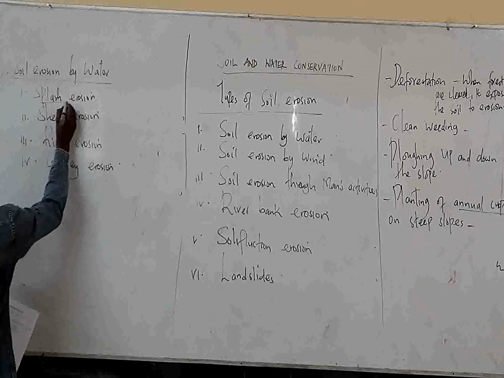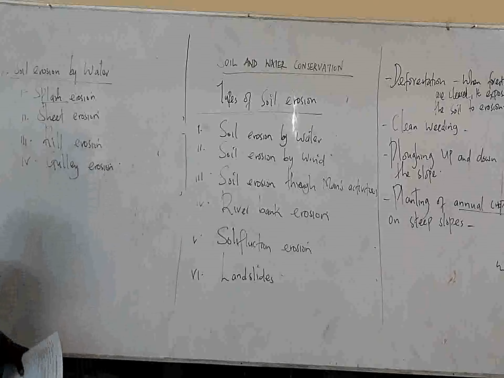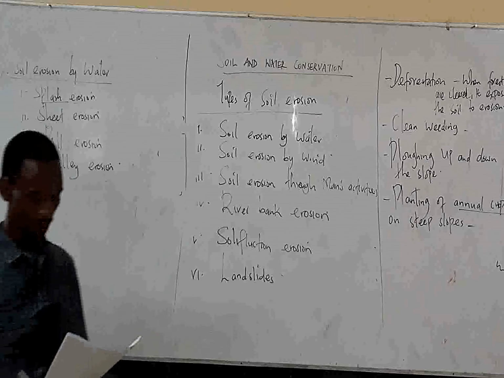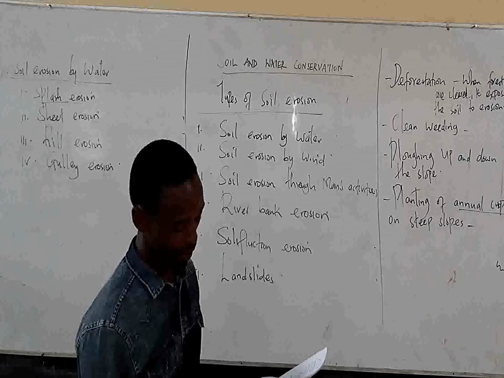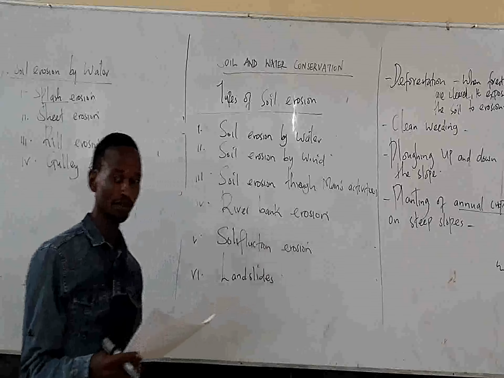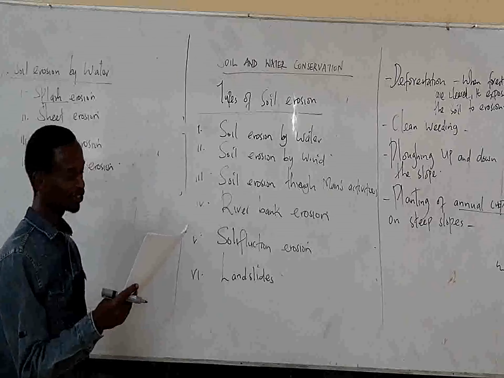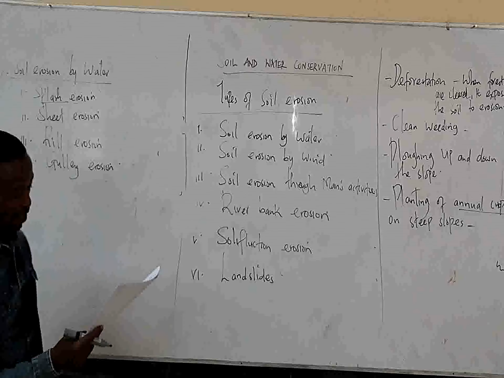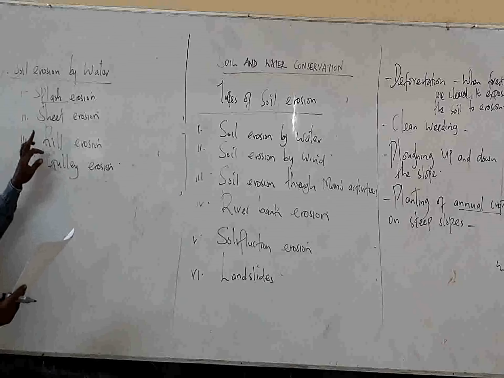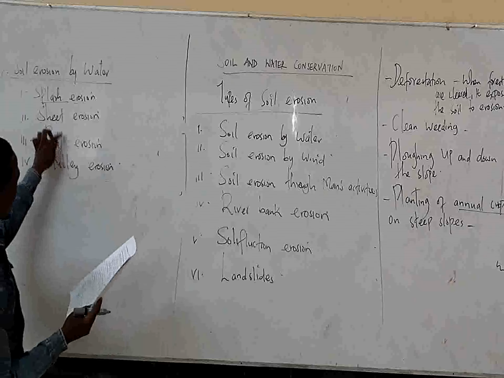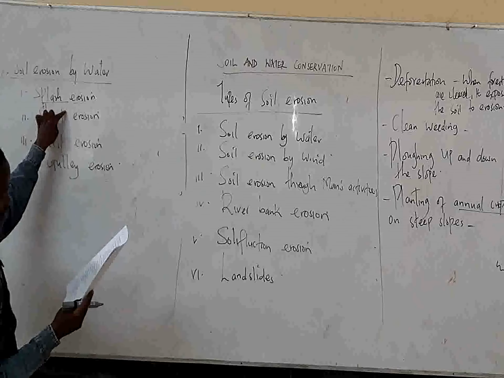So we start by looking at splash erosion. This is erosion which results from the impact of water drops directly on soil particles without any superficial flow of water. And the process of splash erosion is as follows.